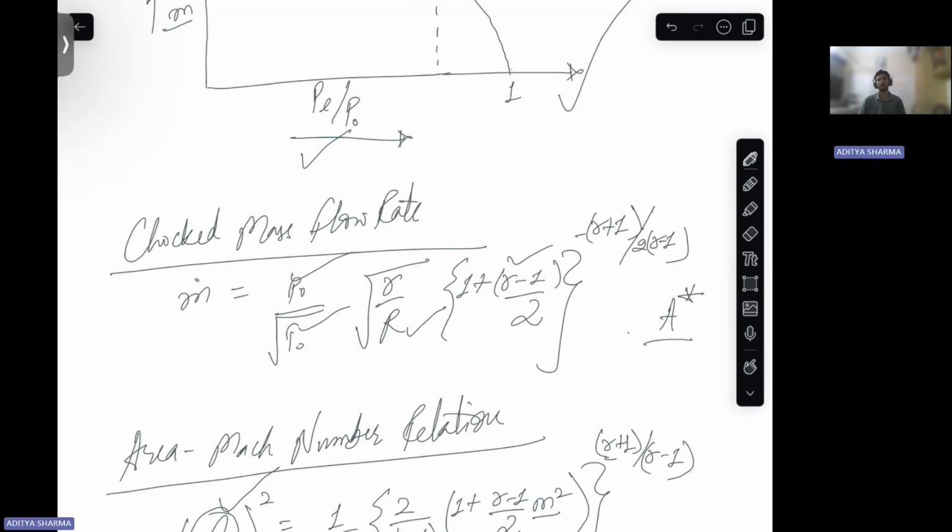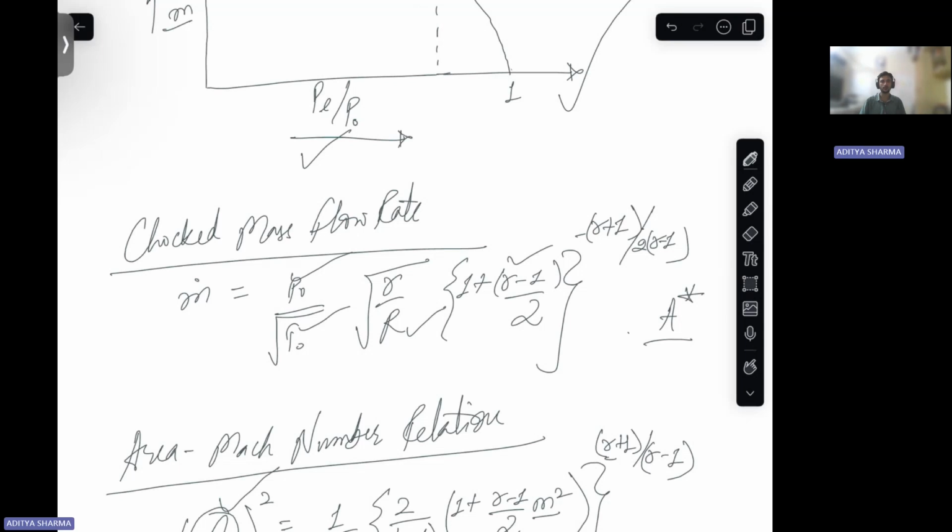To find the mass flow rate in choked condition, the properties of the flow that we require are your stagnation pressure and your stagnation temperature.